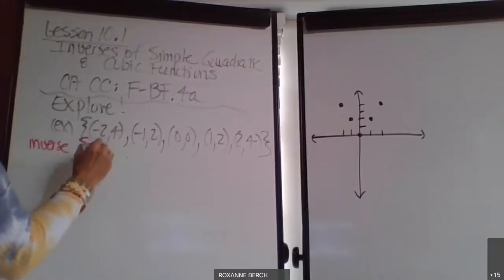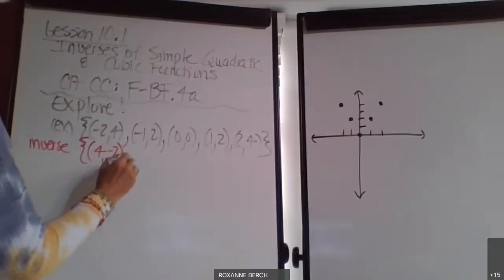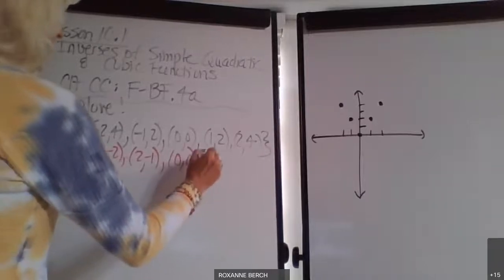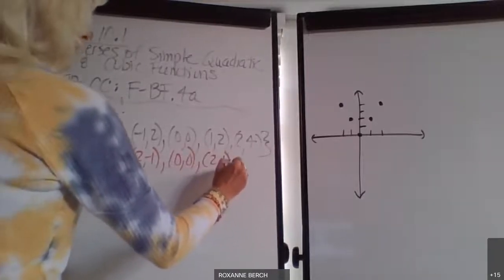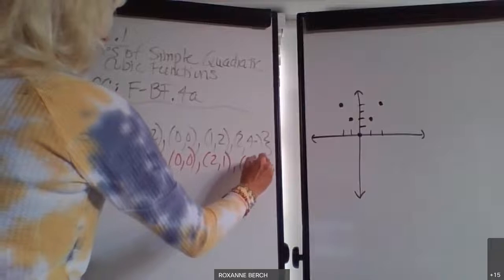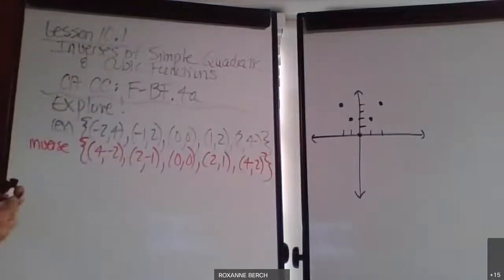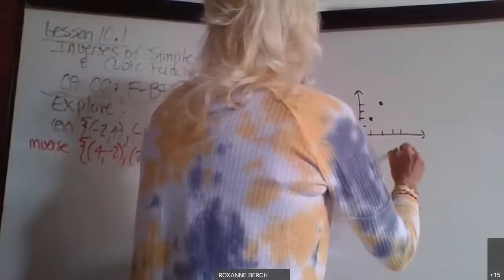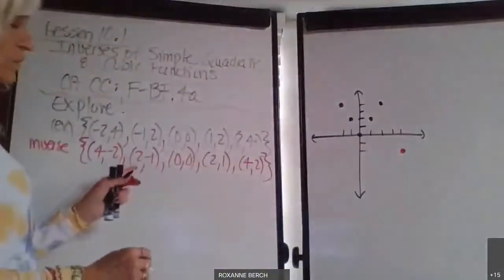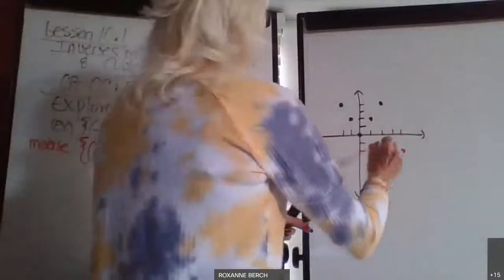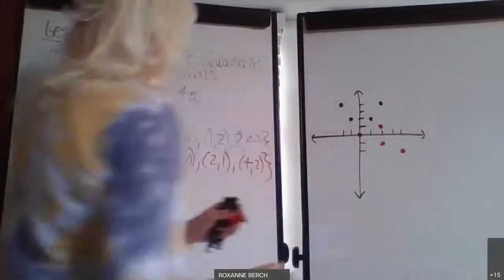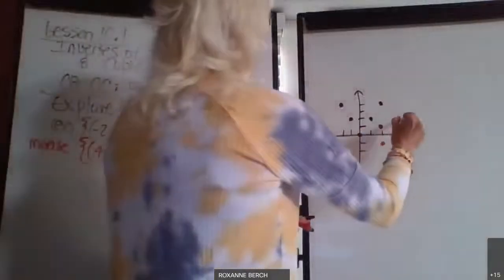So instead of -2, 4, it'd be 4, -2; 2, -1; 0, 0; right 2, up 1; and right 4, up 2. So right 4, down 2; right 2, down 1; 0, 0; right 2, up 1; right 4, up 2.